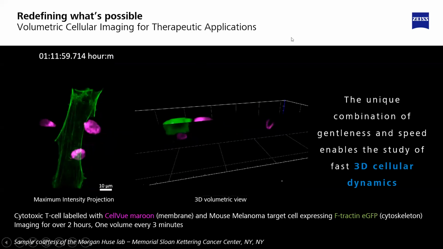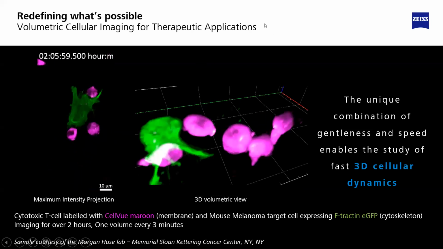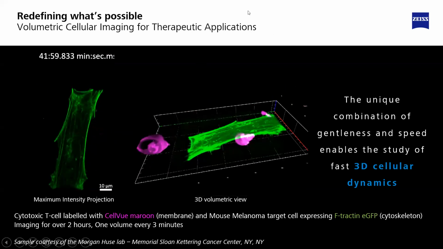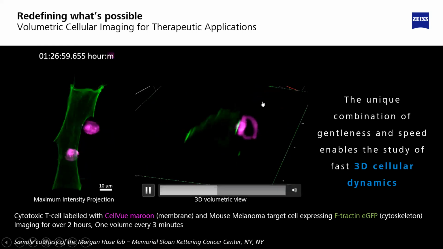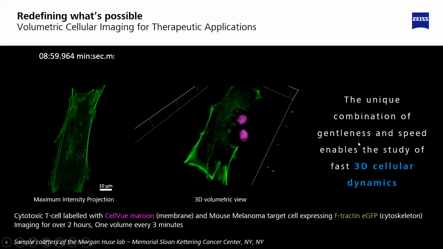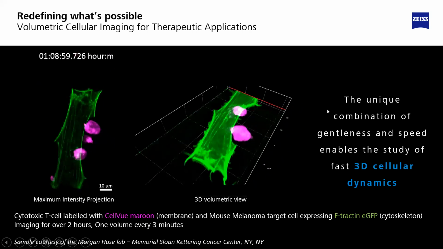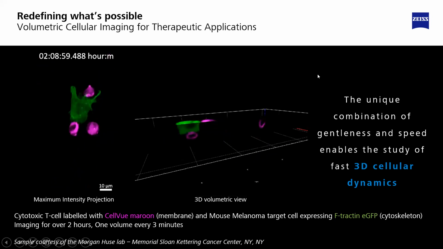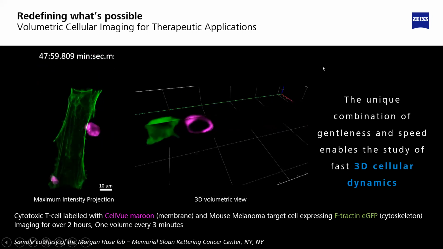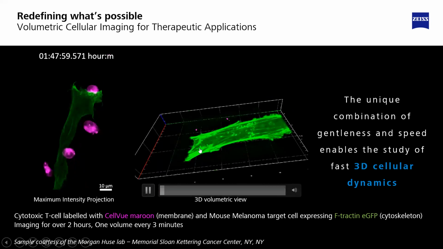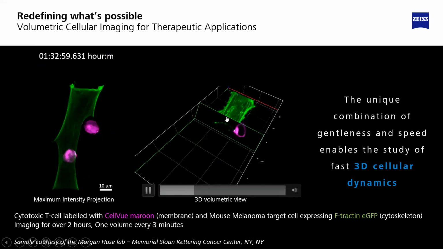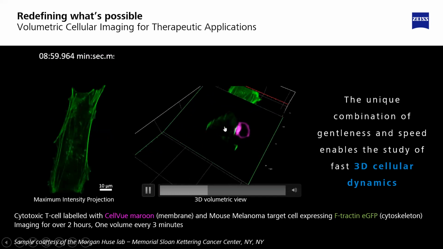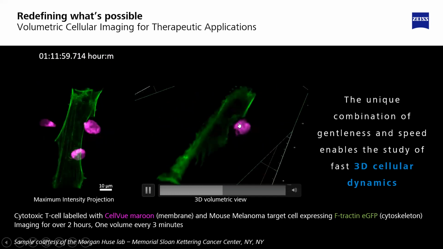One, it's a very gentle modality, and we're able to keep the T cells intact during an imaging session. And two, we want to be able to catch this entire volume as this process of interaction between the cell types occurs. So here we imaged a volume every three minutes for over 2 hours, and we're able to capture this really fascinating data set, watching the T cell interact with the melanoma cell and watching the actin cytoskeleton as it dies after this interaction.